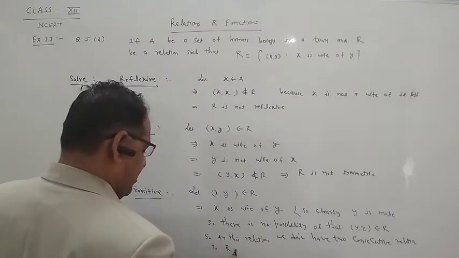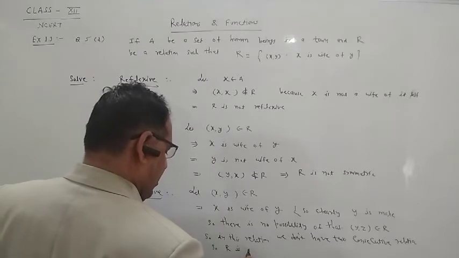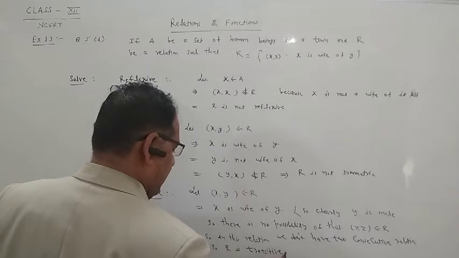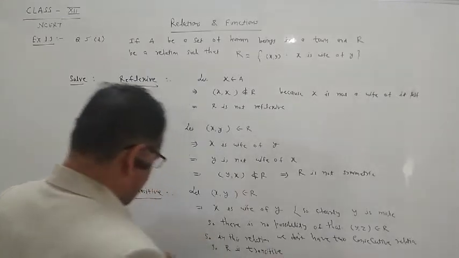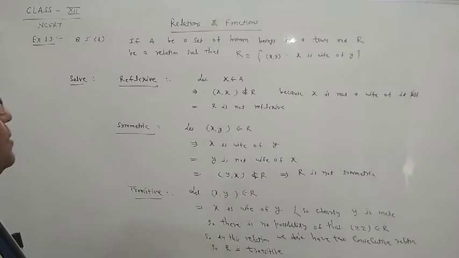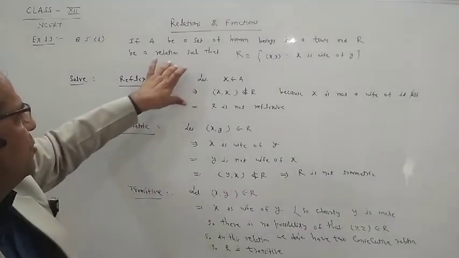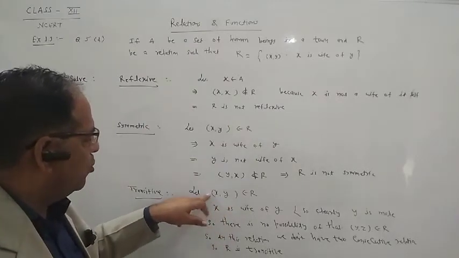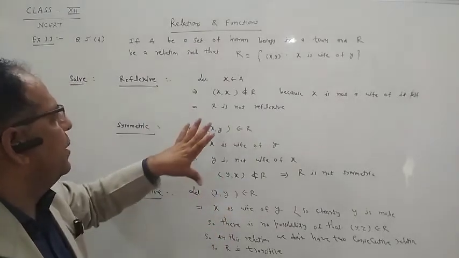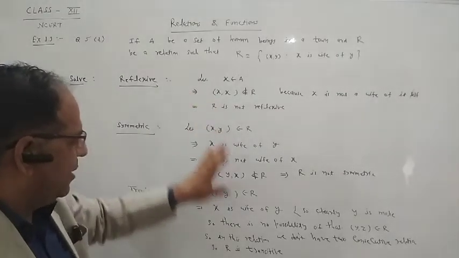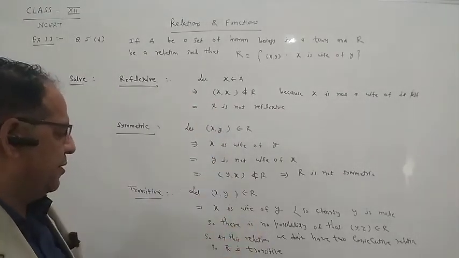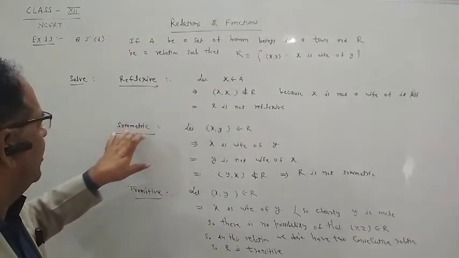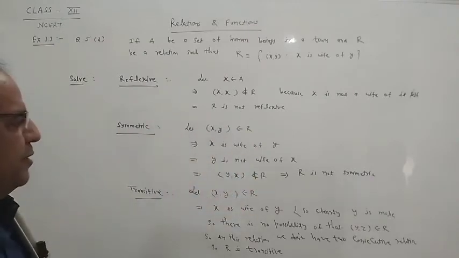So R is transitive. This is a different question based on relation and function, in which if we don't have two consecutive pairs in a defined relation, then that relation automatically becomes transitive. So this relation is not reflexive, not symmetric, but transitive. Thank you.